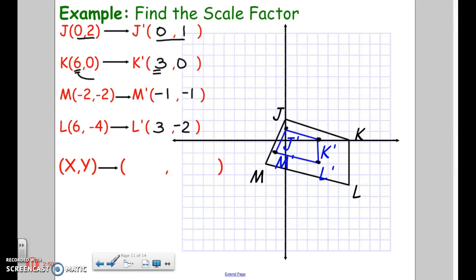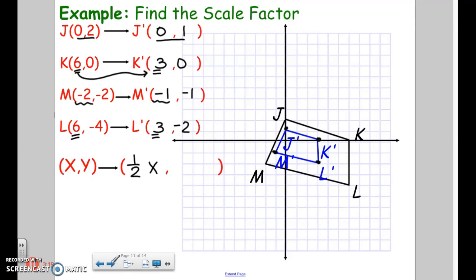But to get from 6 to 3, I know I'm going to have to do something to the 6 in order to get 3 as an answer. We should know this one. Half of 6 is 3. If the rule is true, if I take half of negative 2, I should get negative 1. Again, 6, half of that is 3. So my rule would be to take half of my x value.